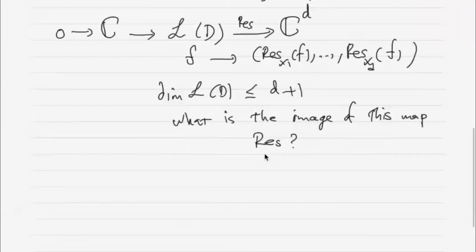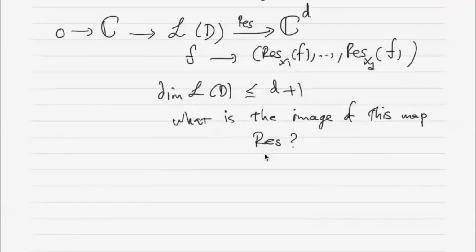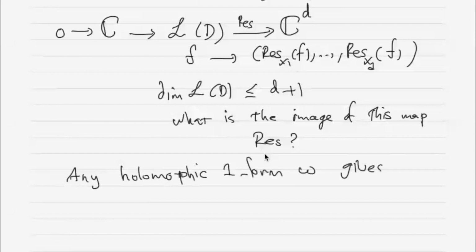To the surprise, any holomorphic one-form omega gives such a constraint.